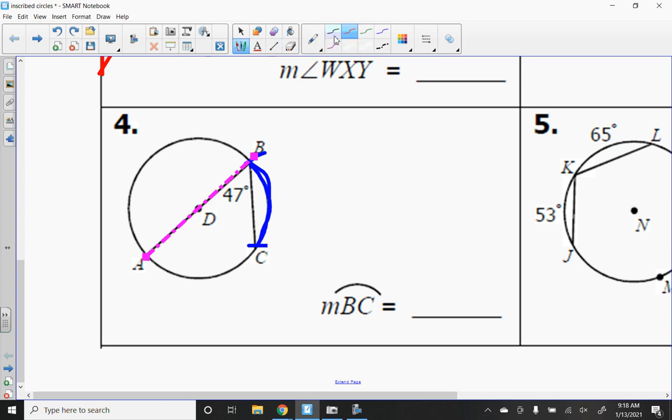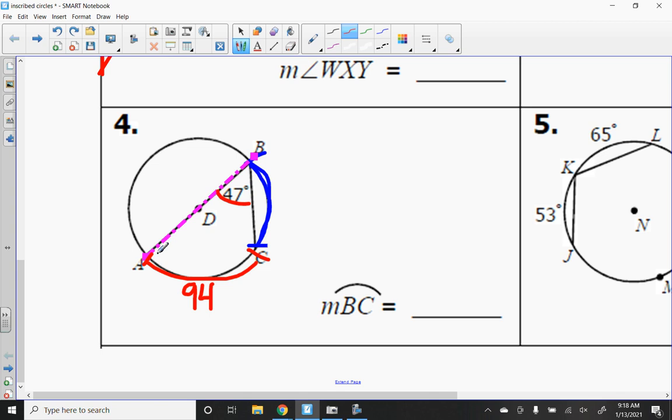And I can find this portion here. I can find A to C, because I know that arc is associated with this inscribed angle, and it's going to be at double the relationship. So this is 94. This red arc is double this inscribed angle.